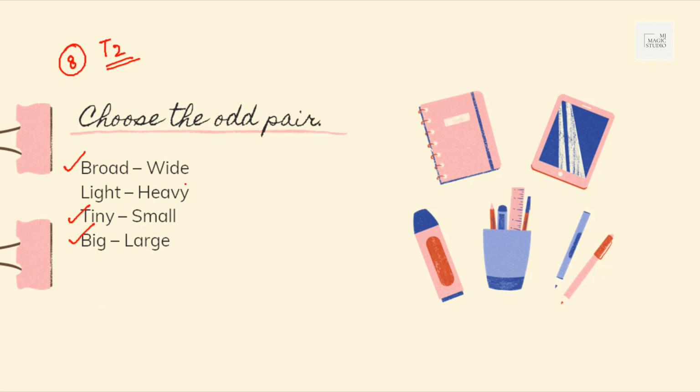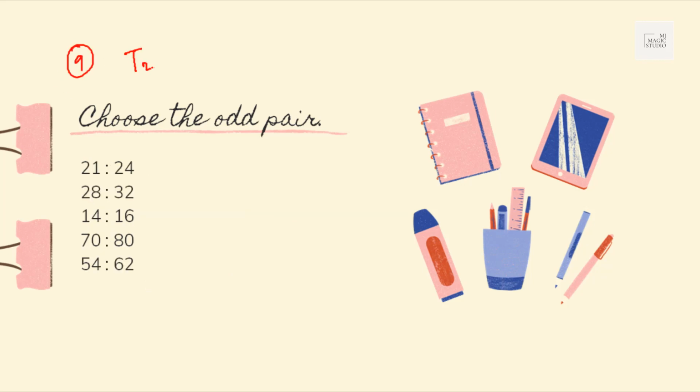Big, large, synonyms. Light, heavy are two opposite words, isn't it? Those are not synonyms. So on the basis of that, light and heavy are two opposite words and not synonyms, we are selecting option B to be our odd pair, and it should be O, that is out.